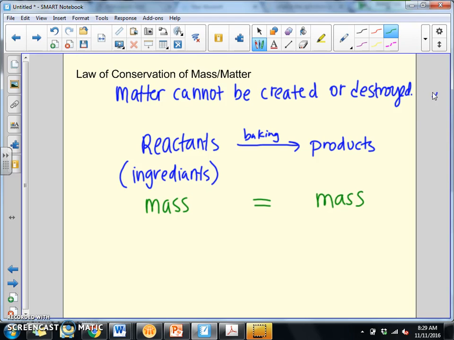For example, if I have the balanced chemical equation, this just shows me that hydrogen and oxygen added together form water. So hydrogen and oxygen are my reactants, water is my product.